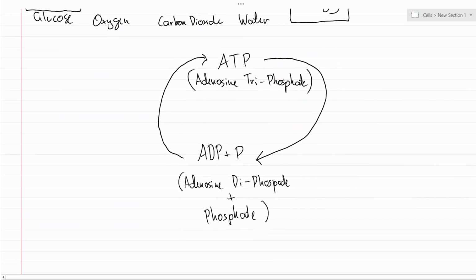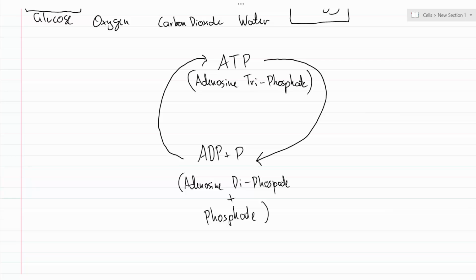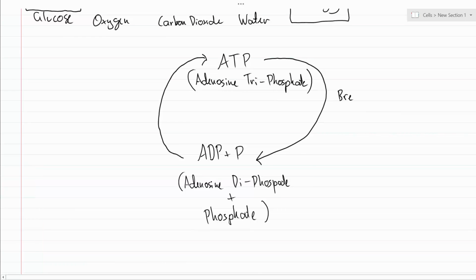Now going back to our cycle here, when ATP is being broken down to ADP plus P, we call this the breakdown of the molecule.